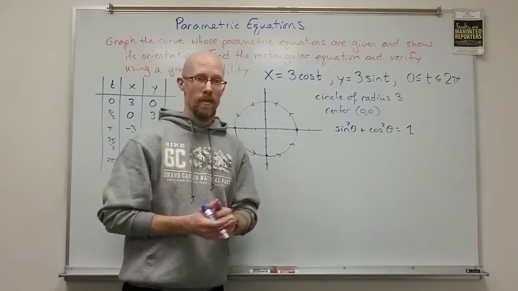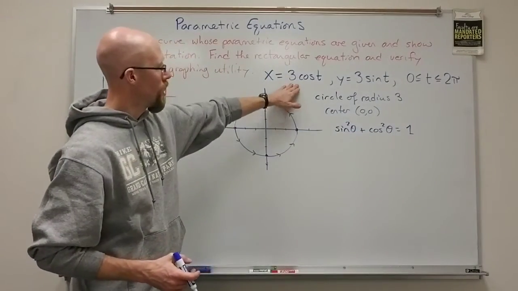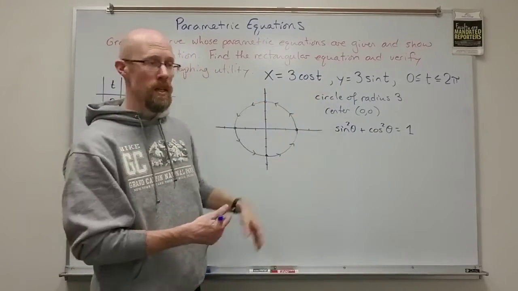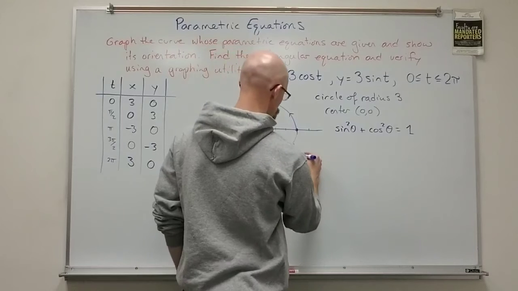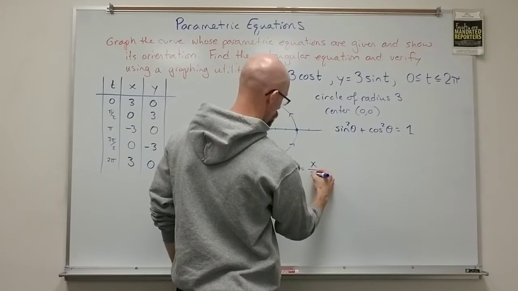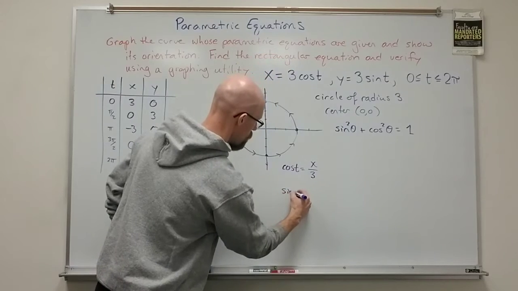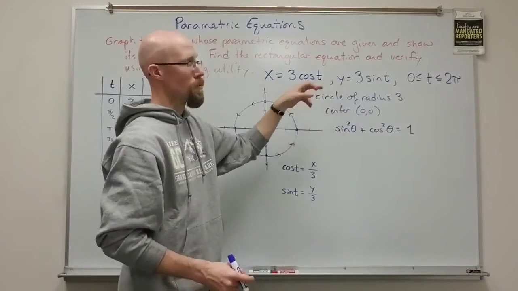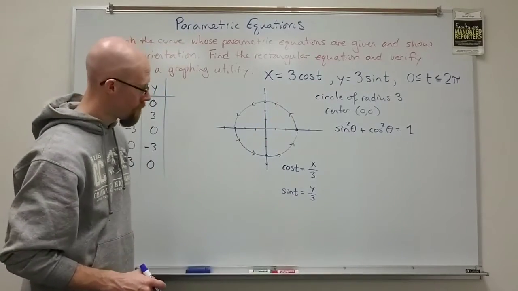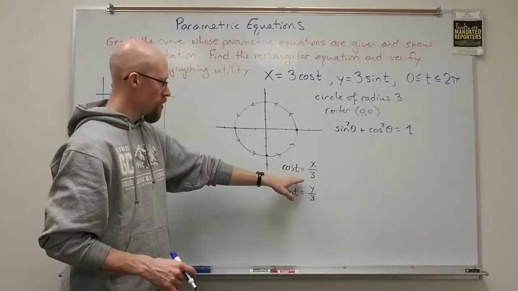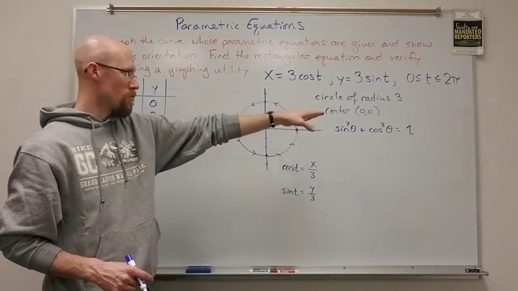That's a given, okay? Here, in these equations, if I solve for cosine of t, I'd be dividing both sides by 3, so I know that cosine of t is equal to x over 3, and I know that the sine of t is equal to y over 3, right? I divide out the 3 on both sides of each of those equations. What's interesting is if I were to plug these in, so instead of cosine t, cosine theta, that's fine.